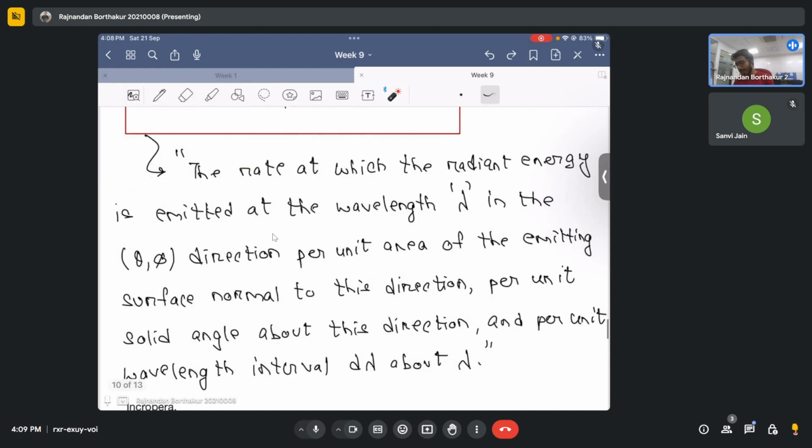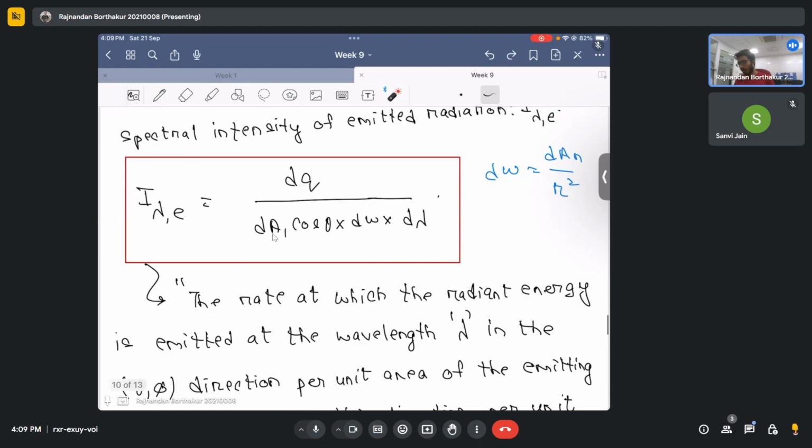So again it's calculated per unit solid angle about the direction, and per unit wavelength interval d lambda about lambda. This is exactly the definition of the intensity of radiation. I understand it's a big definition, but that is how it is defined. Any doubts on this?